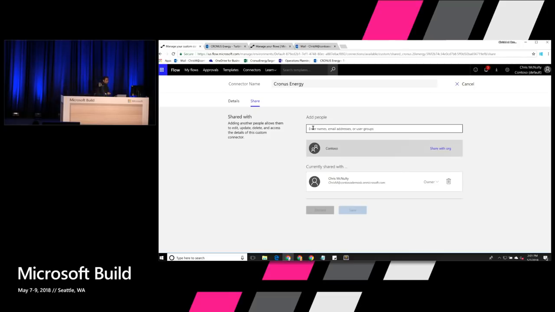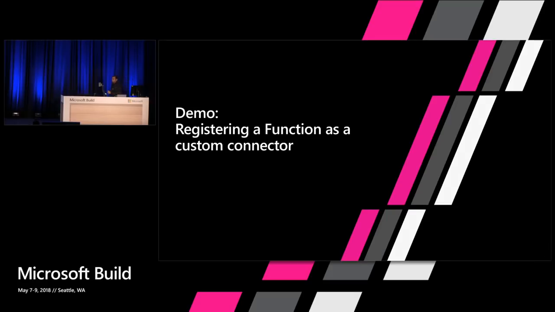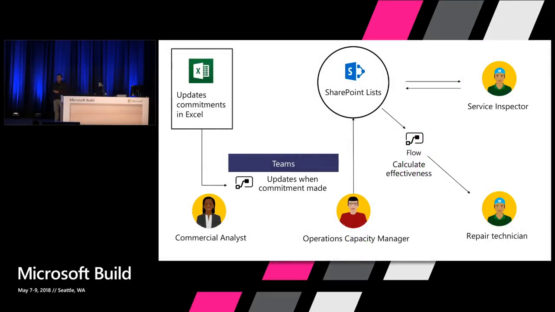So let's quickly recap where we were with our flow, and then we'll also look at how we can import this Azure function, this custom connector, and use it in our workflow. So far, I had my commercial analyst who entered data in Excel and alerted the team. I had my capacity manager who interacted with SharePoint and determined which turbines to use.